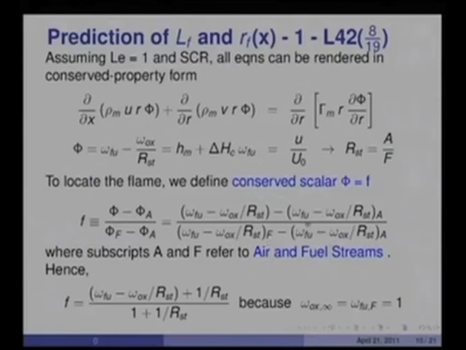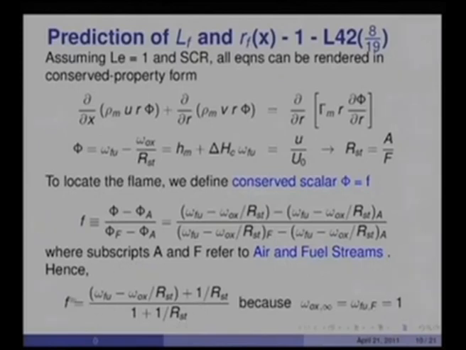You can see ω_fu in the air stream would be 0, whereas ω_ox in the air stream would be 1, because ω_ox represents air. So, that would be 1 divided by RST. ω_fu in the fuel stream is 1, whereas ω_ox in the fuel stream is 0. So you get 1 by RST.